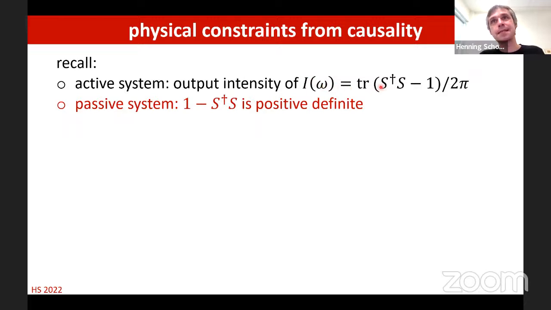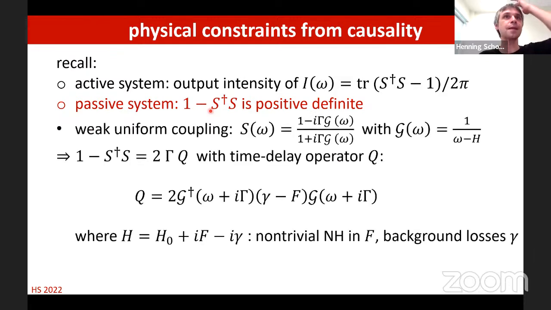In a passive system, this will always be negative by definition. This is the definition of a passive system. It has losses. It might be a neutral system, or it has losses inside. So nothing is coming out, but you can still excite the system and see whether you can see something similar by just exciting it, sending something in, and then collecting it.